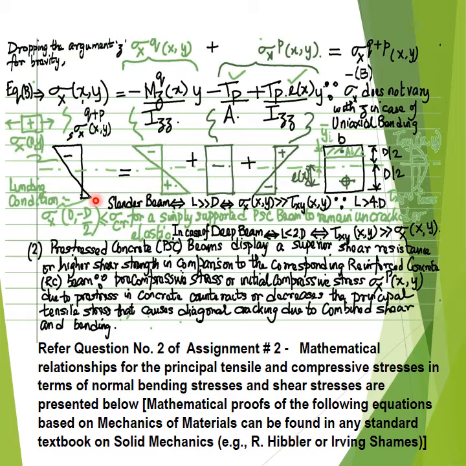And for the special case wherein the cracking stress or the limiting value of the cracking strength sigma CR is specified as 0 in equation A, that is the limiting condition expressed in the previous slide as well as here in the present slide, then the pre-stressed concrete beam element considered in the solved example will be free from tensile stresses at any and all locations.